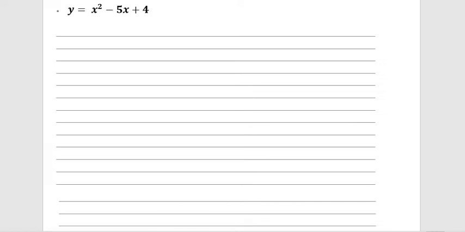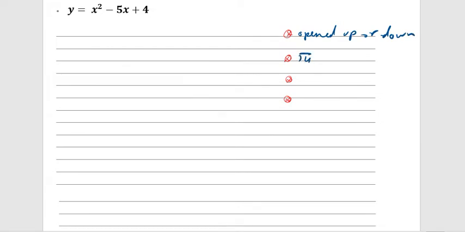Sketching is similar to graphing, but in sketching we have to get only 4 items. After getting these 4 items, we can sketch the graph. What are these 4 items? First, whether the graph opens up or down.